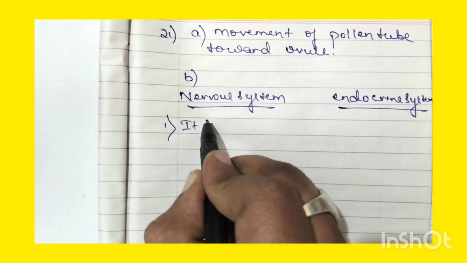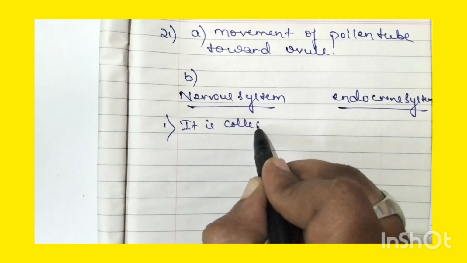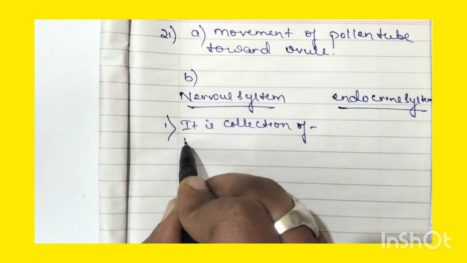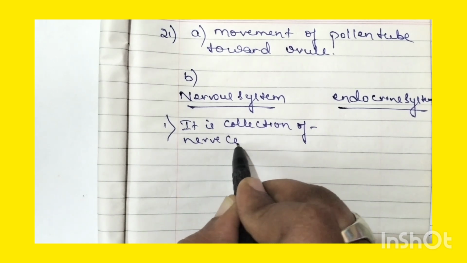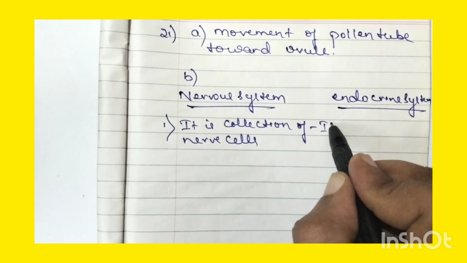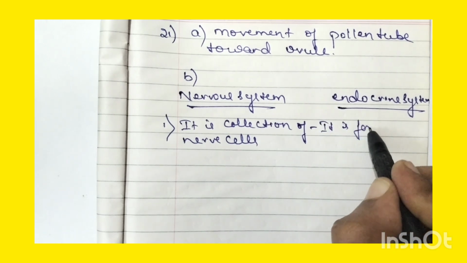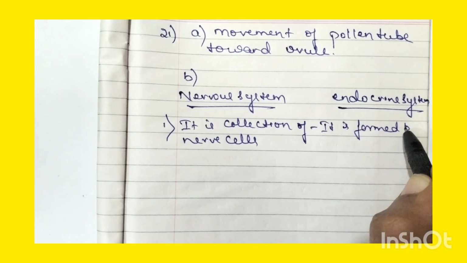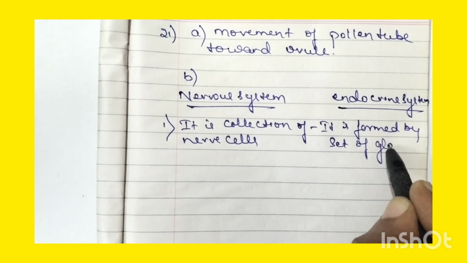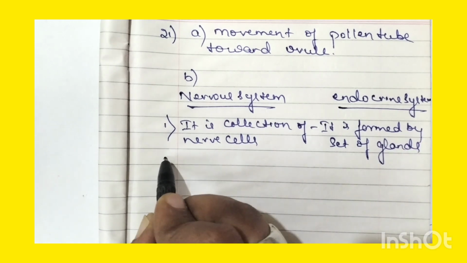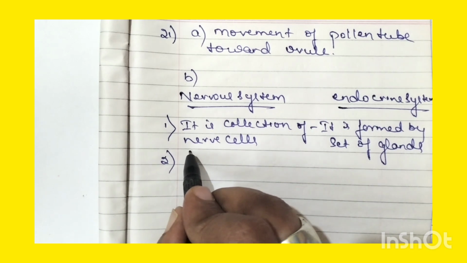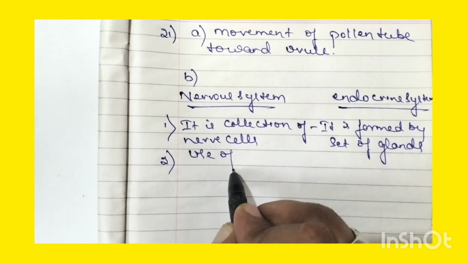The nervous system is a collection of nerve cells. The endocrine system is formed by a set of glands. Then the second difference between them is use of neuron.